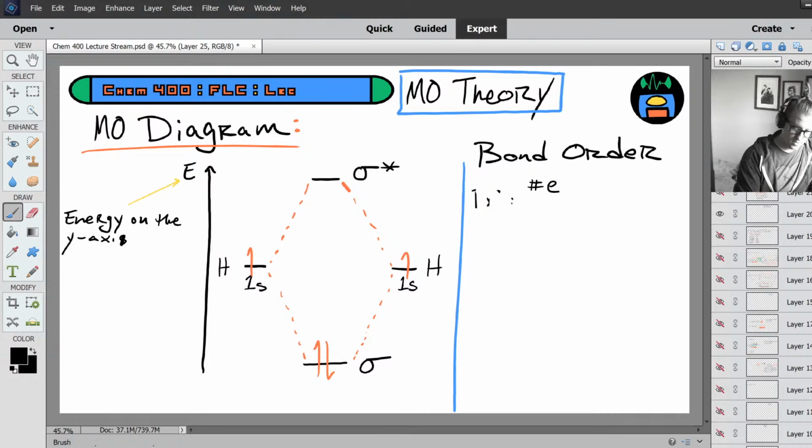You can calculate bond order by taking the number of electrons in bonding orbitals minus the number of electrons in antibonding orbitals.